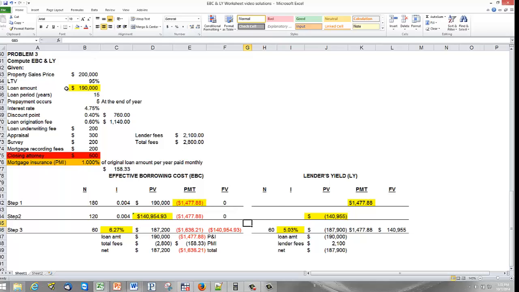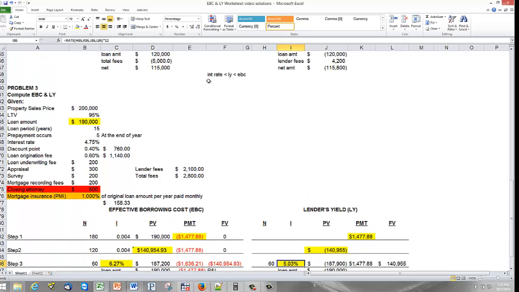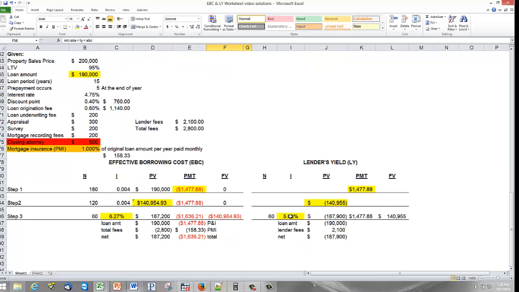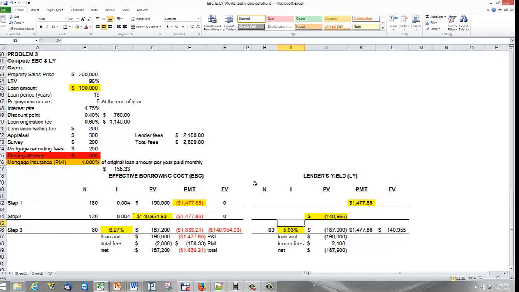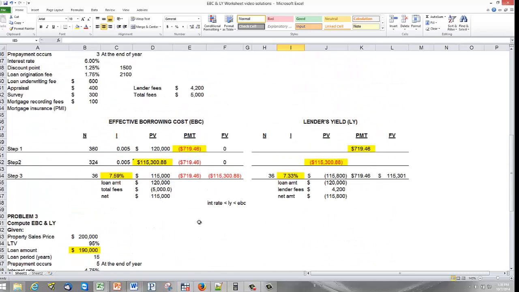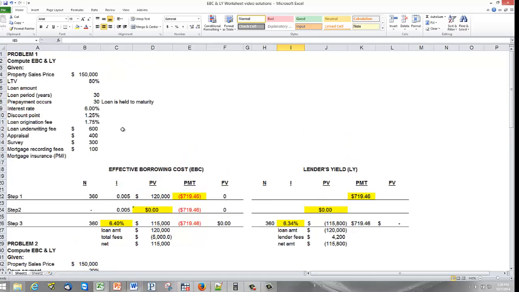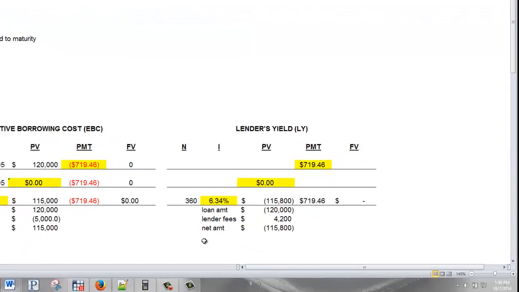That's greater than the interest rate of 4.75, and then the EBC is greater than the lender's yield. So again, that relationship that we said right here does hold, which means that it's a reasonable answer. So that's how you calculate EBC and lender's yield. And again, when you don't have a prepayment, when the loan is held to maturity, the EBC calculation is equal to the APR. So hope this video has helped you.